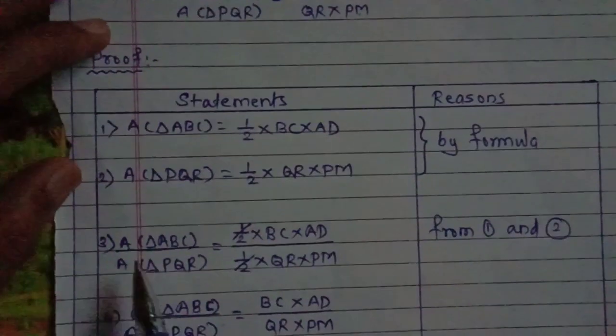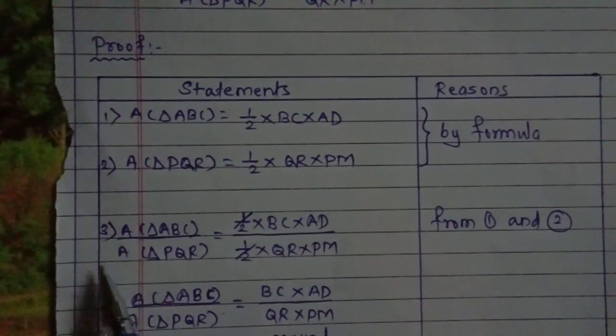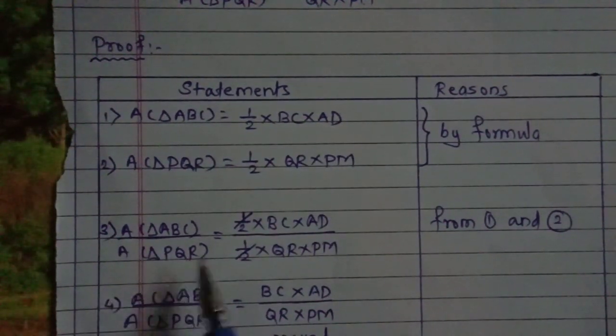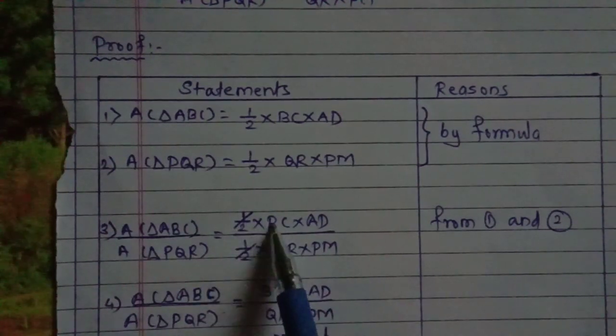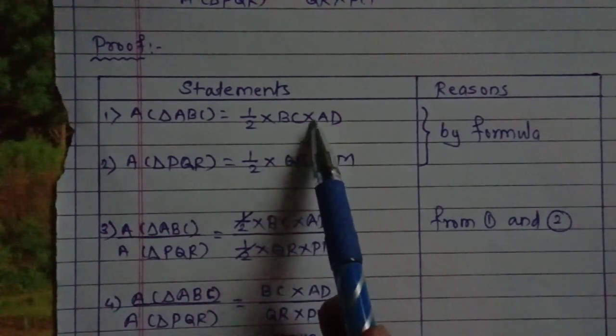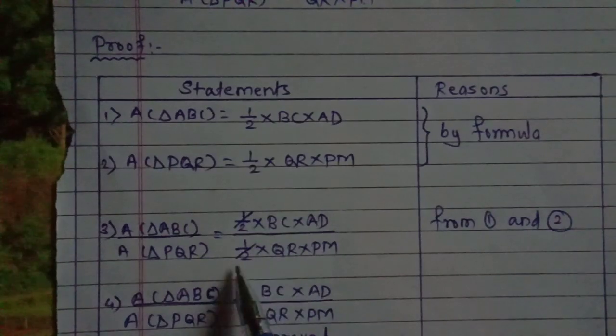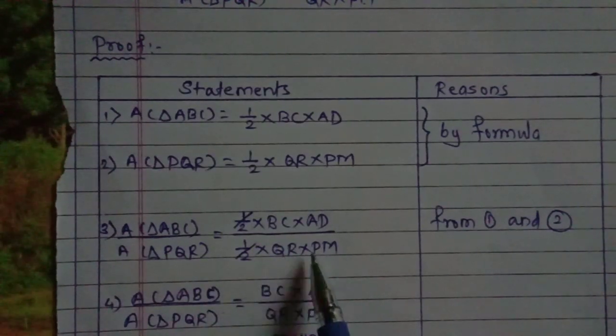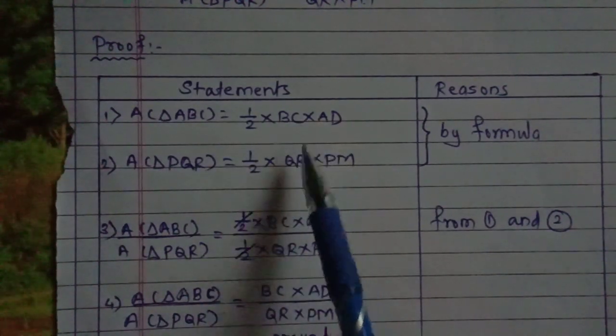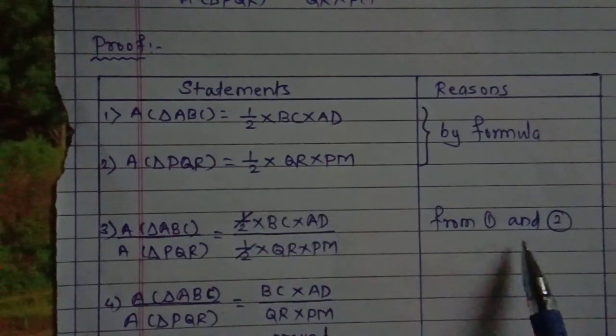So area triangle ABC upon area triangle PQR is equal to 1 by 2 into BC into AD from this statement, upon 1 by 2 into QR into PM from this second statement, from 1 and 2.